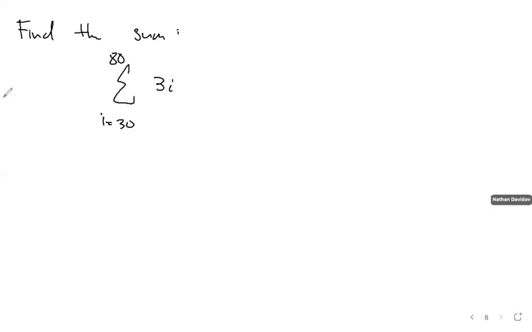Together, okay. So to do this question, I'm going to write out the first terms of this sequence. This is going to be 30 plus 33 plus 36 plus all the way up to 80 times 3, which is 240.